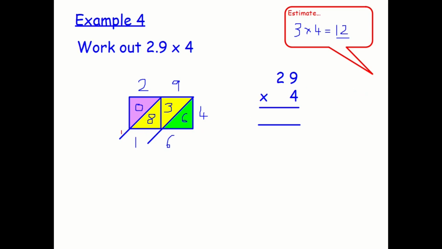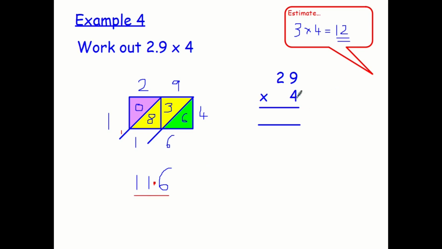And then I'm adding on the purples, which is just 0 plus that 1 there, which gives me 1. So the digits of my answer are 116. My estimate was 12, so I reckon that my decimal point goes here, 11.6.